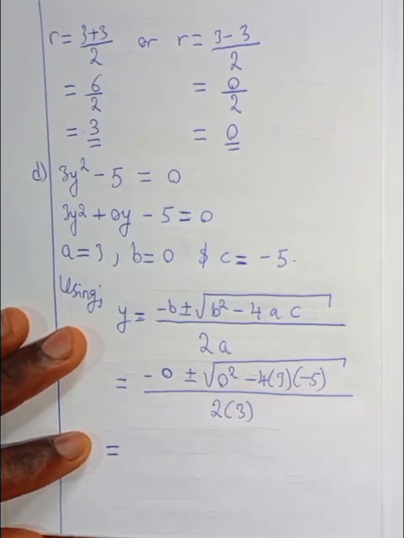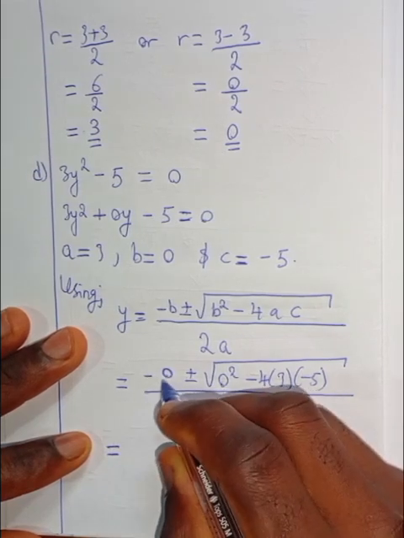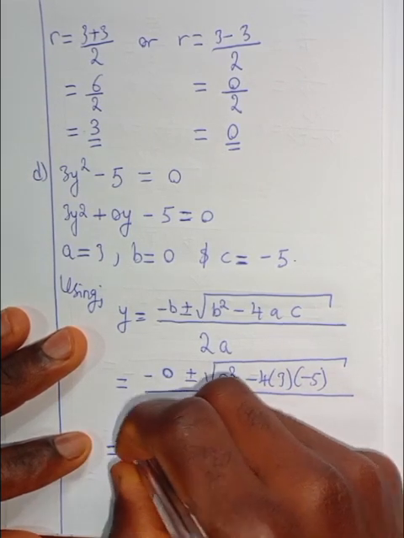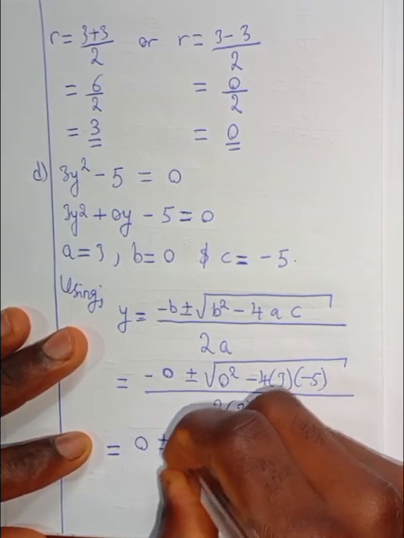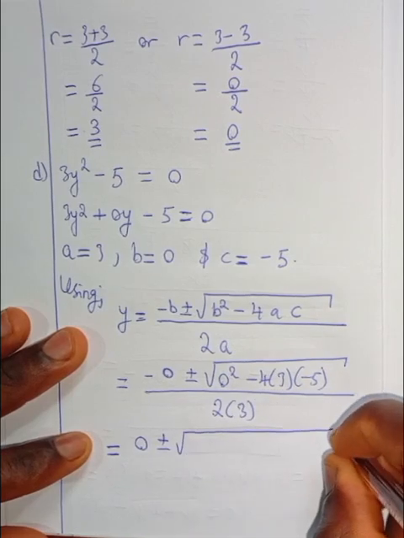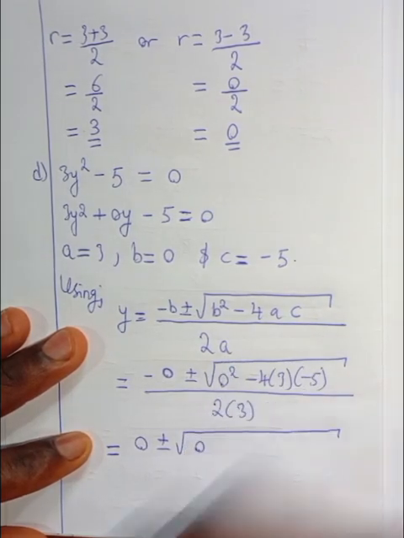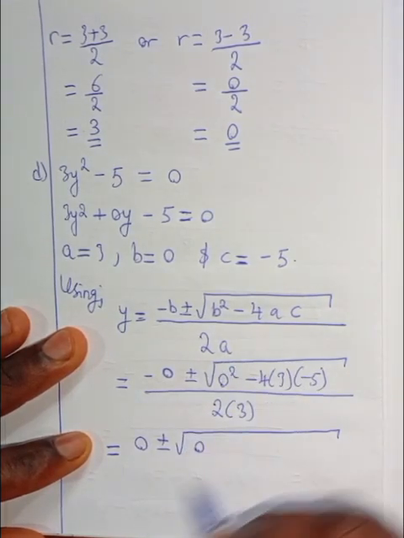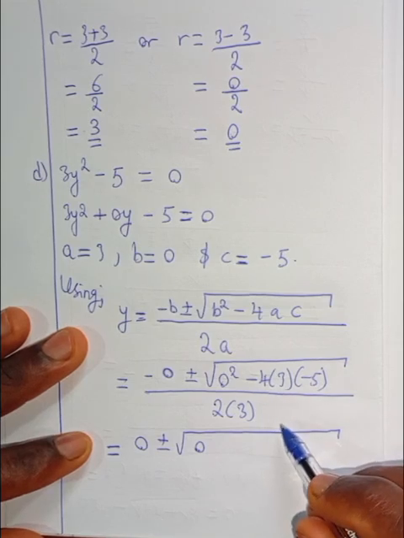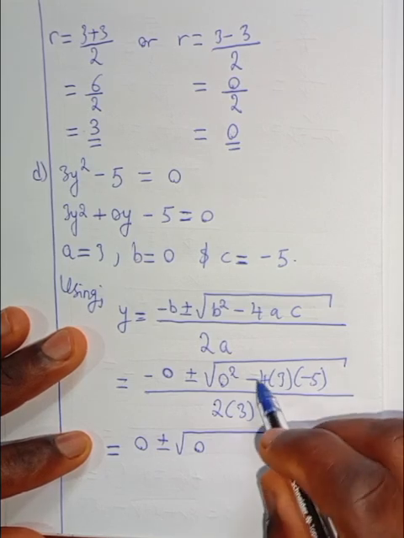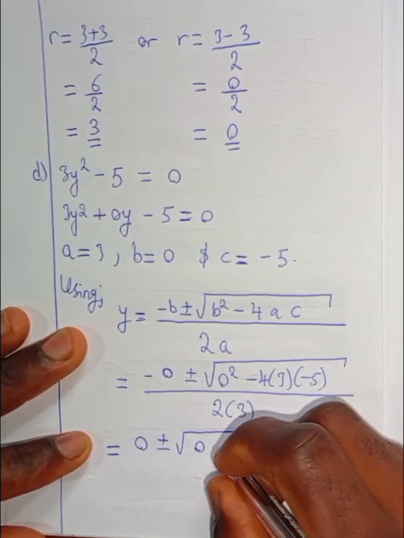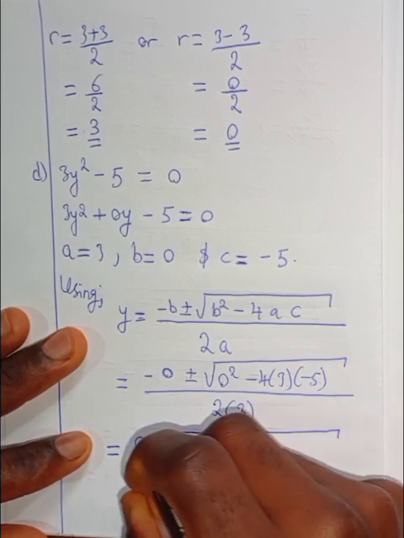This will simply be equal to, we know 0 is a neutral number, so negative 0 remains 0, plus or minus the square root of 0 squared gives us 0. Negative 4 times 3 gives us negative 12. Negative 12 times negative 5 gives us positive 60.